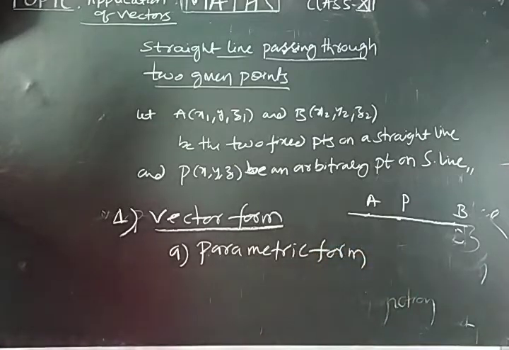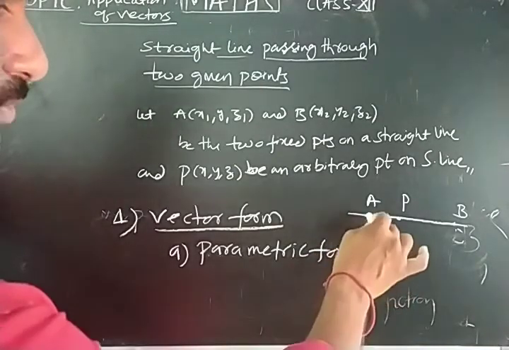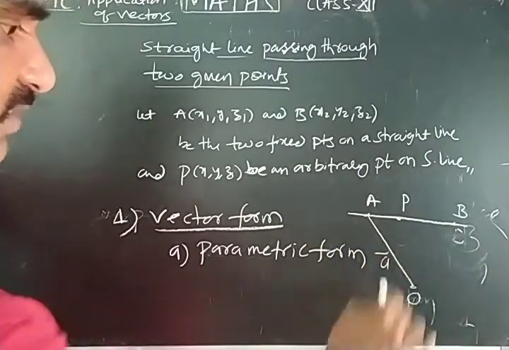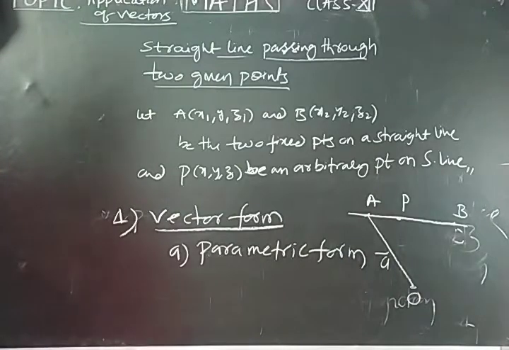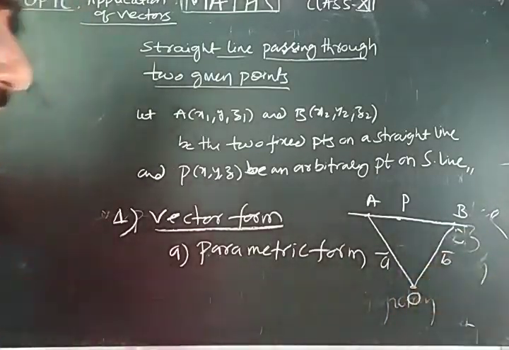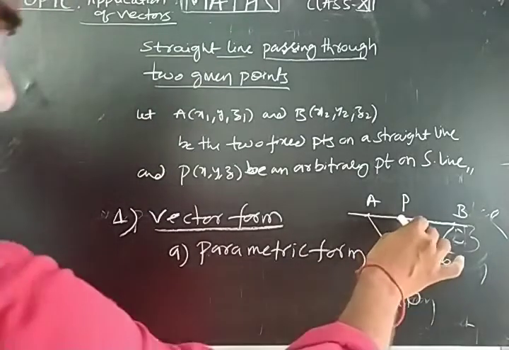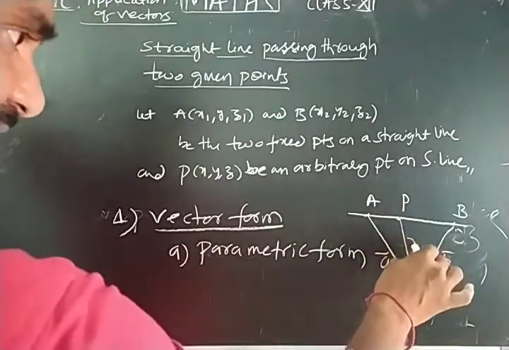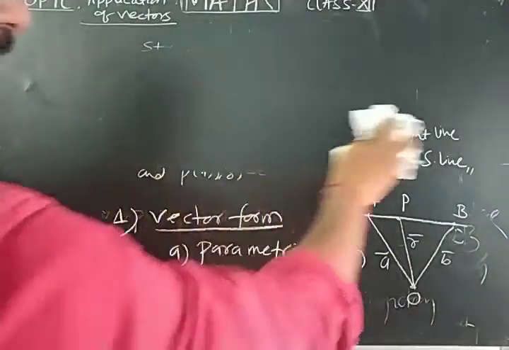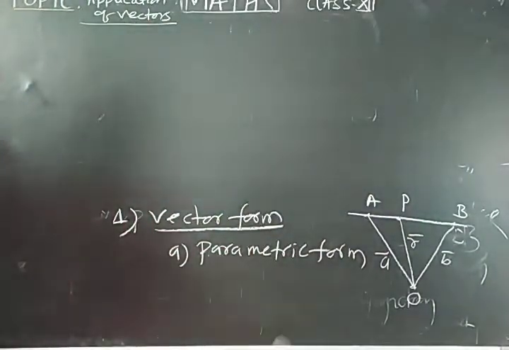To get the parametric form, I am joining A with the origin. I am taking the position vector of point A as A bar, position vector of B as B bar, and position vector of P as R bar. Now see how I am going to get the parametric form of the straight line passing through two fixed points.